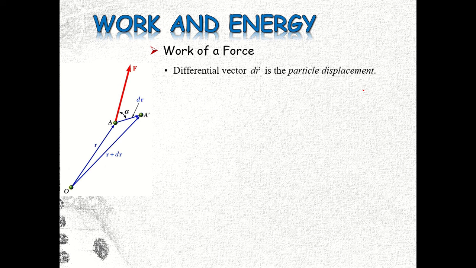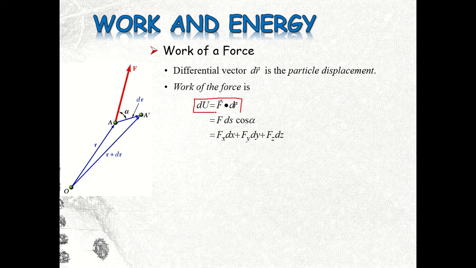To find the work done by a force in this particular scenario, we have an equation representing it. The work of the force is given by the differential dU. The differential work, a small amount of work done, is just the vector force multiplied by its differential vector dr. That's the first equation for differential work.